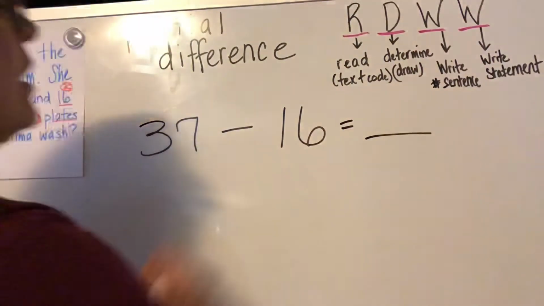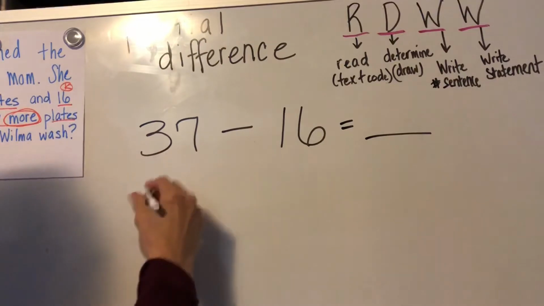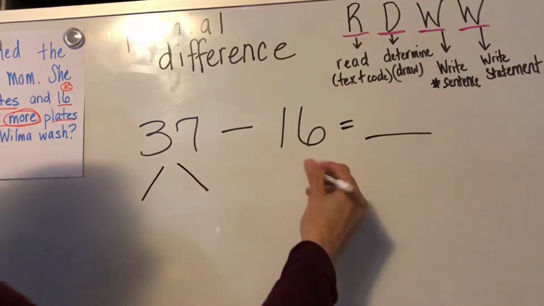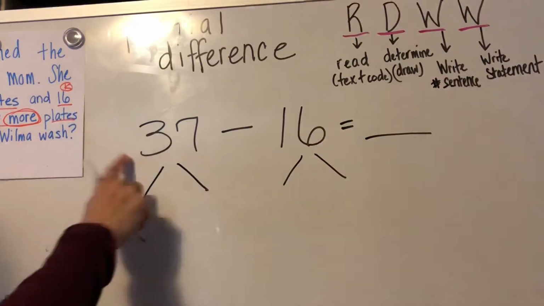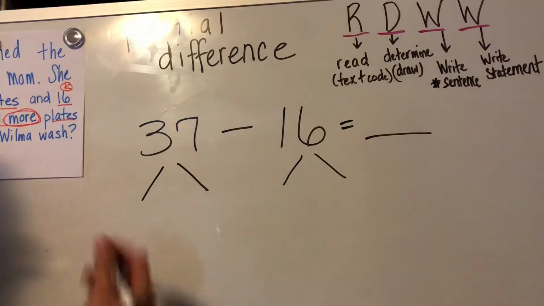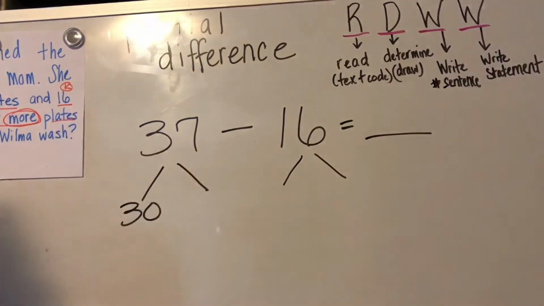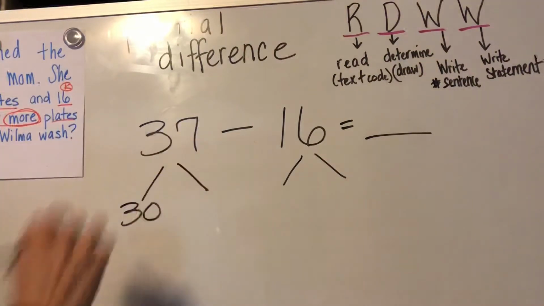When we use partial difference, we break up our numbers into their place values. There are 2 place values in this number and 2 place values in this number, so I'm going to break them up into their tens and their ones. 37 has how many tens? 3. Another way to say 3 tens is 30. And the number 37 has 7 ones.